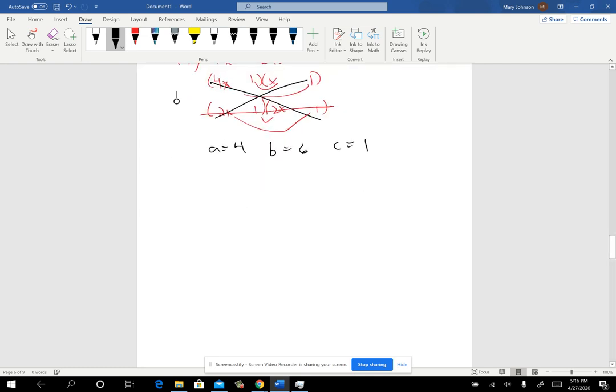So we plug it into the quadratic formula. You need to be sure you have that ready to use. So the B is 6. We're going to square that, minus 4 times A times C, all of that over 2 times the A.